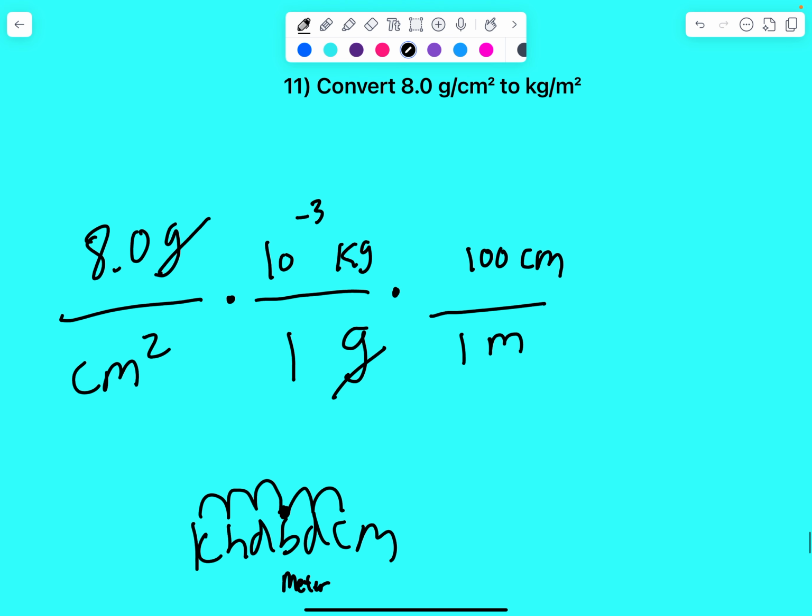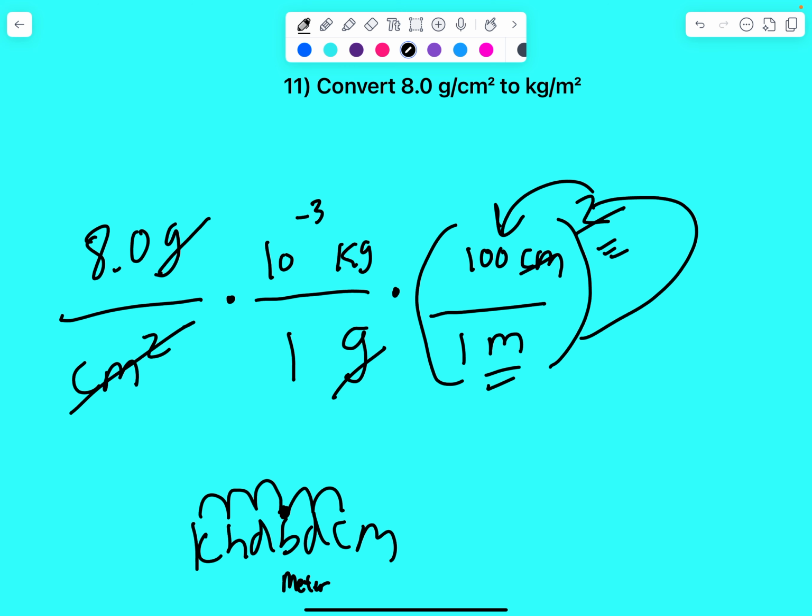And then I just say to myself, why don't I square this? So by squaring this, I have centimeters squared here, it cancels out. But this is still meters squared. That goes to both of them. So I have kilograms all over meters squared.